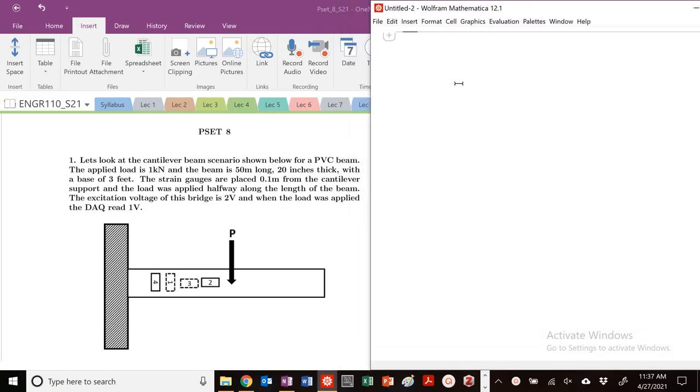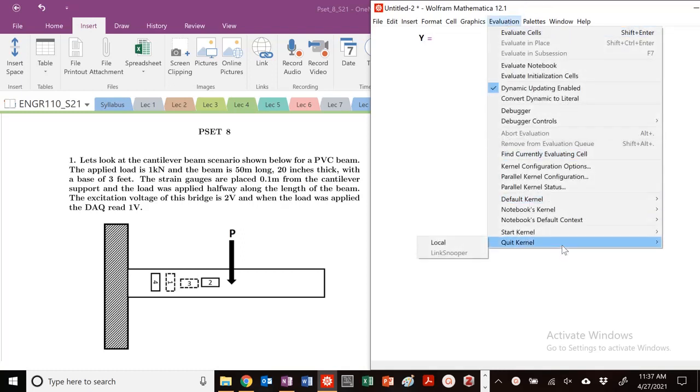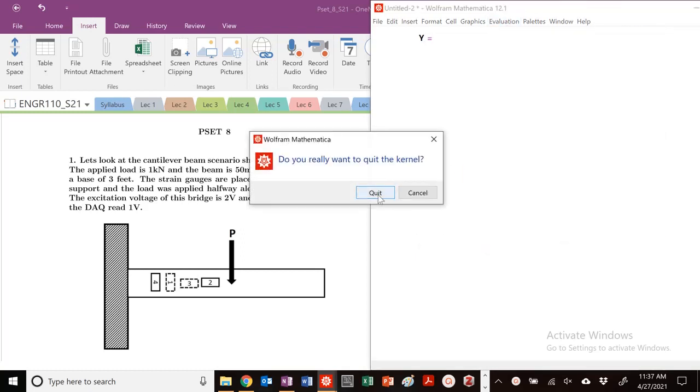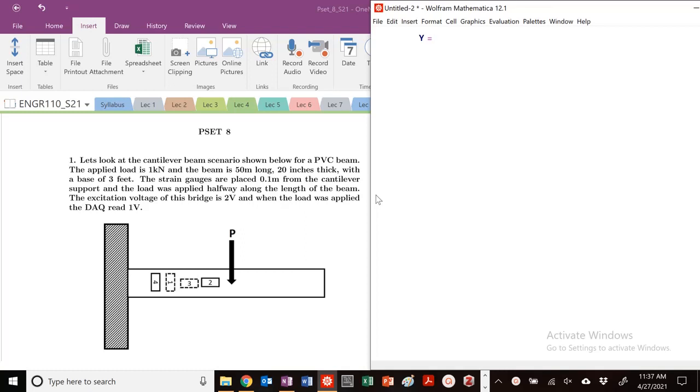PVC beam, so we know that our Young's modulus is going to be... let me make sure that I quit my kernel, because I might have been working in another notebook previously. So my Young's modulus is 1 times 10 to the 9, so gigapascal. Poisson's ratio for polymers is approximately 0.4. Our applied load is equal to 1 kilonewton, so 1 times 10 to the 3 newtons.